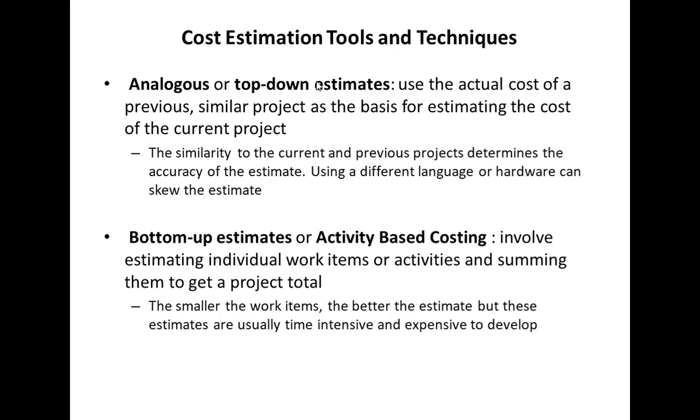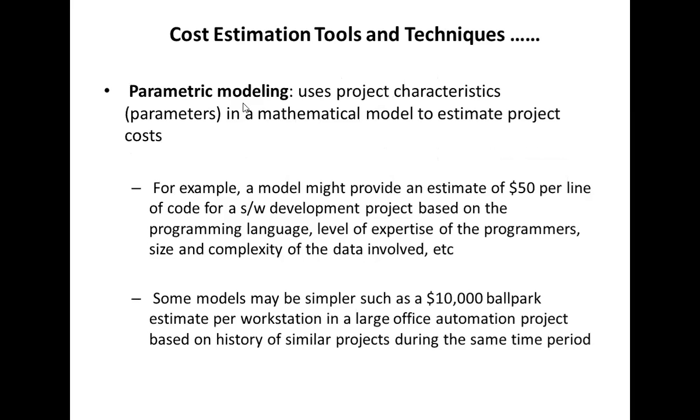And the third one is parametric modeling, in which we use a mathematical model to estimate project costs. Okay. Project characteristics are used here as the variables. As an example, a model might provide an estimate of $50 per line of code.